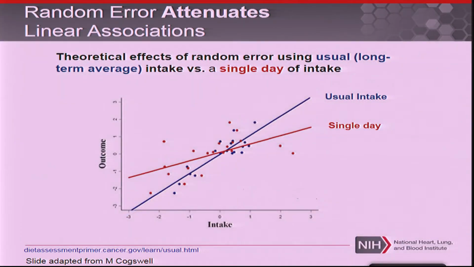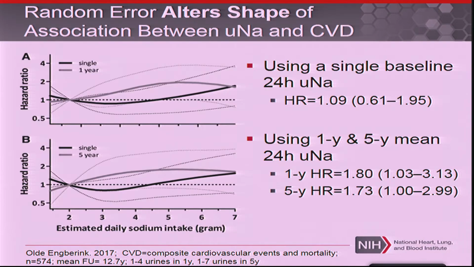So there we go. What's the effect of all of this measurement error in our estimates? Well, this depicts the theoretical effects of random error. This would be a direct association between usual intake and an outcome. When you have only a single day, that's the line in red, you see that the relationship is attenuated or biased towards the null.